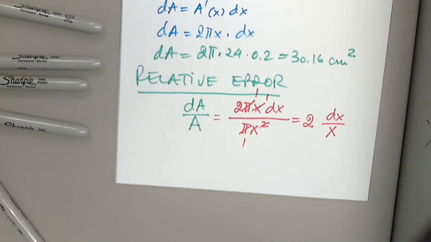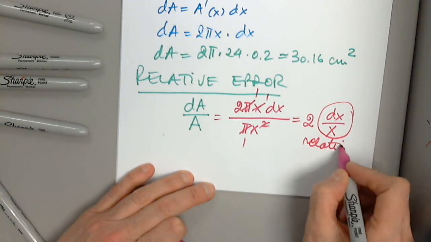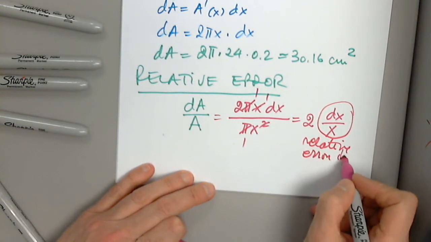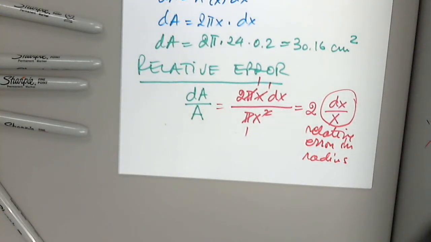If dA over A is the relative error in the area, what would be dx over x? The relative error in the radius, or x. So this is the relative error in radius. Relative error in the radius.